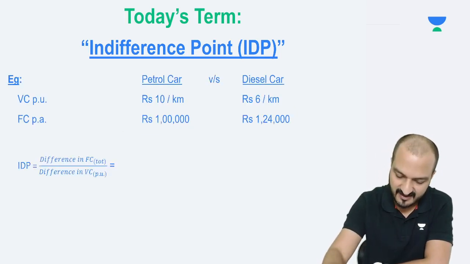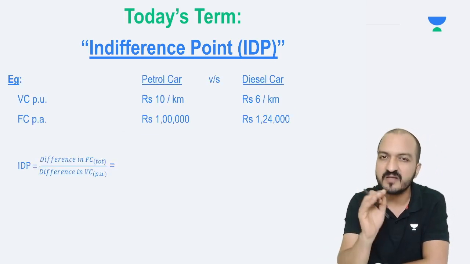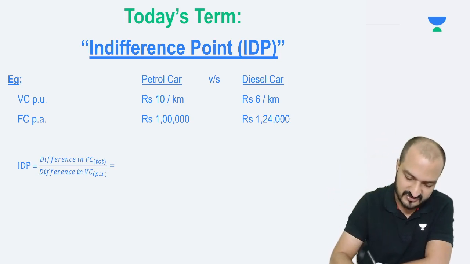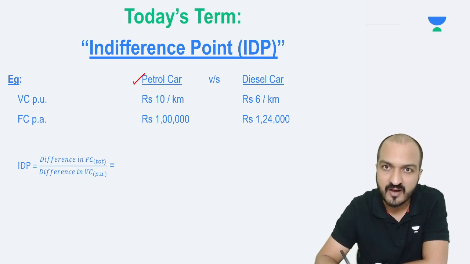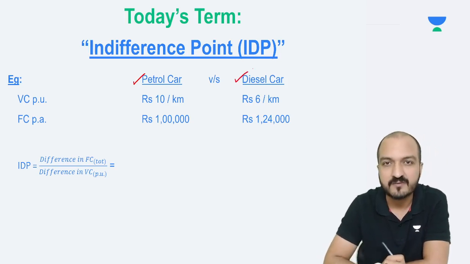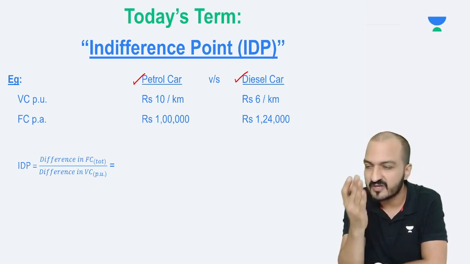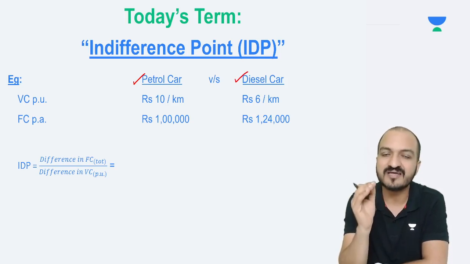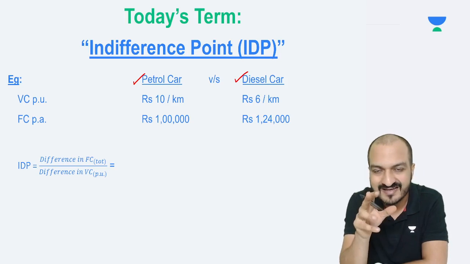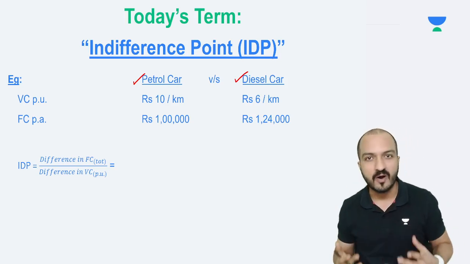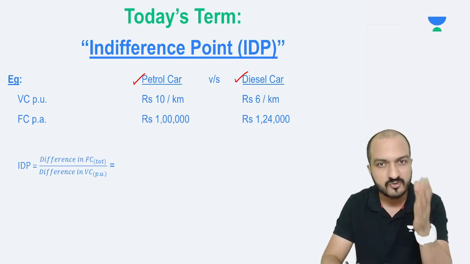Now let's understand that with an example. The simplest, most common example which I always give. Let's say you want to choose between buying a petrol car or buying a diesel car. You are confused which car you should buy. This is a very common confusion, and I'm sure all of you must have heard that whether to buy a petrol car or a diesel car depends on your usage.